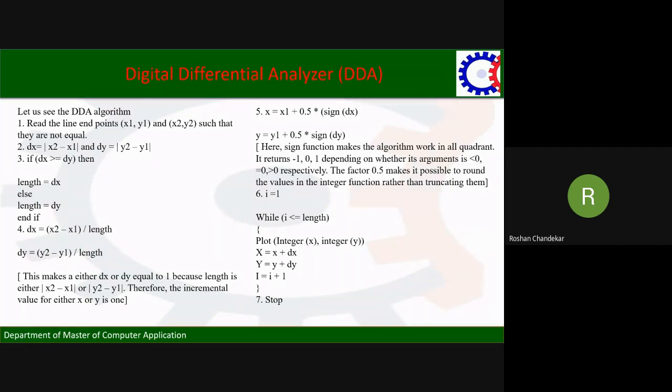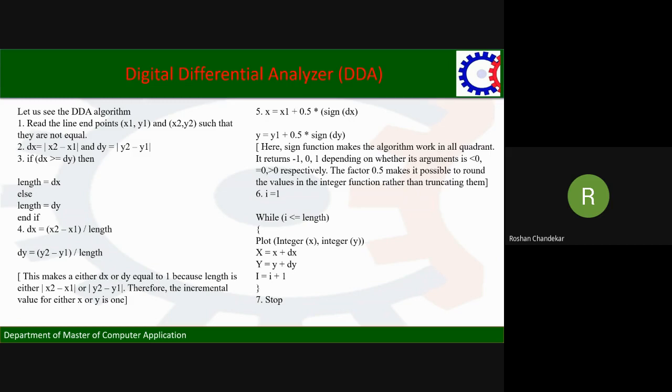In the fourth point, we calculate dx equal to (x2 minus x1) divided by length, and dy equal to (y2 minus y1) divided by length, where length is what we have already calculated. This makes either dx or dy equal to 1, because the length is either x2 minus x1 or y2 minus y1.